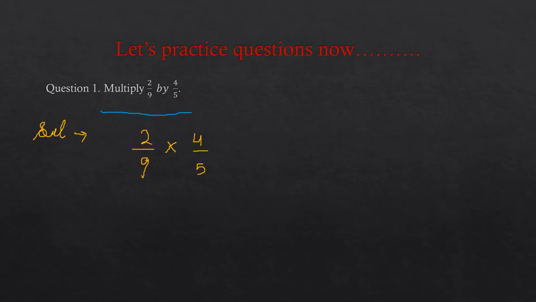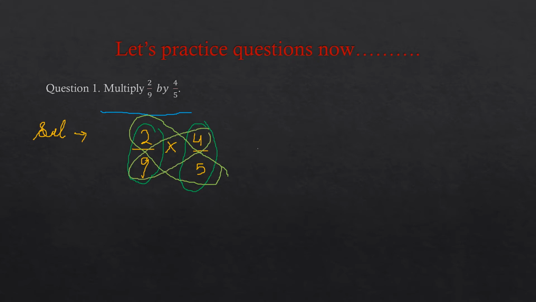Now you can see here we do not have any common factor between this numerator and this denominator. Also we do not have any common factor between these two, and also we do not have any common factor between these two.